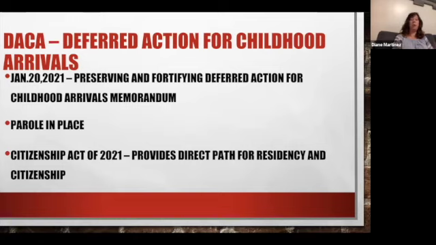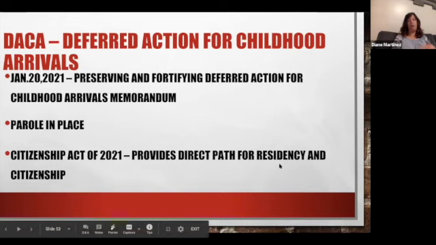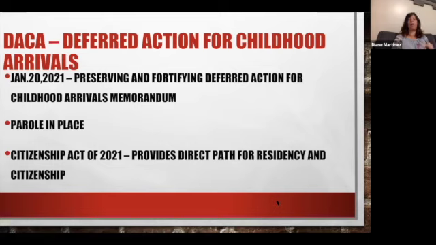In 2012, as Juana had stated, DACA came about and it allowed people who came to the United States before 2007 and were here in July of 2012 when the act went into place to apply for a work authorization and temporary status. It was halted up until December, and in December it opened back up, and we're now seeing new applicants again, as well as renewal applicants.